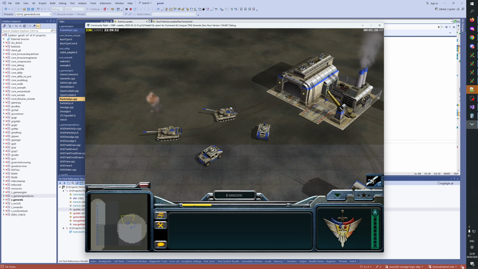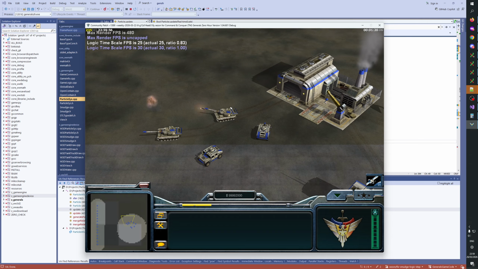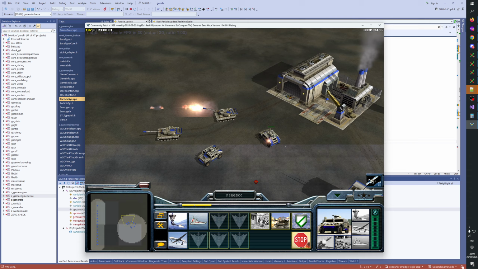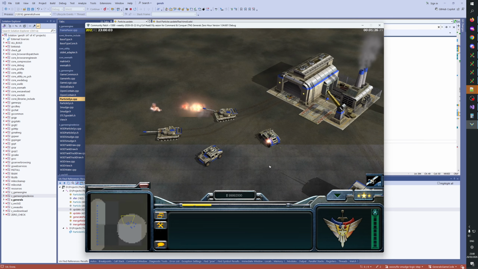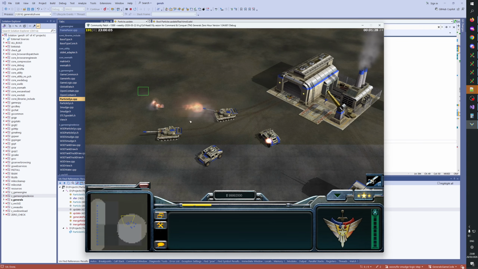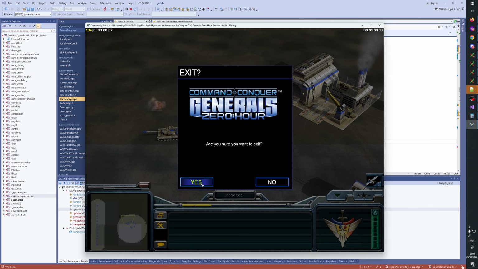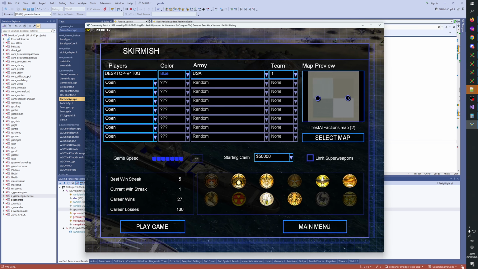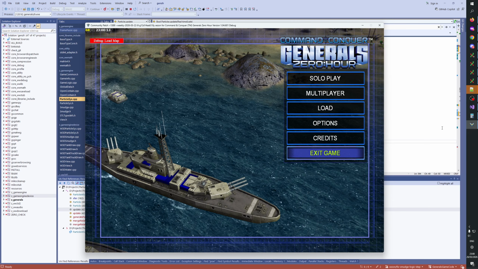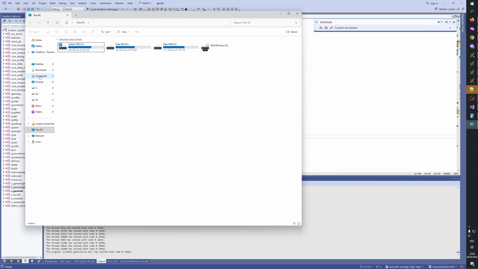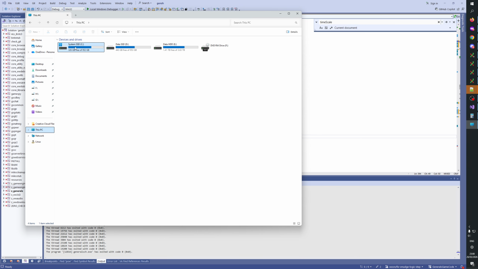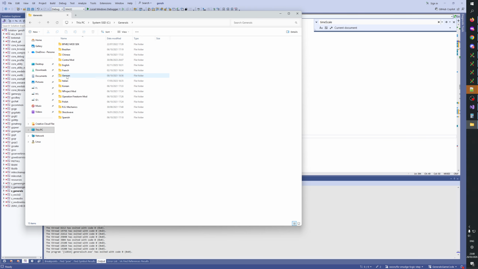How about we do the following? We launch the original game and we look at it side by side. So, Generals.